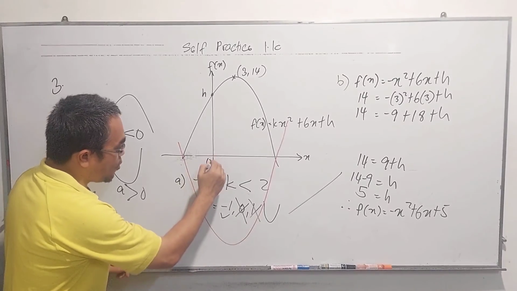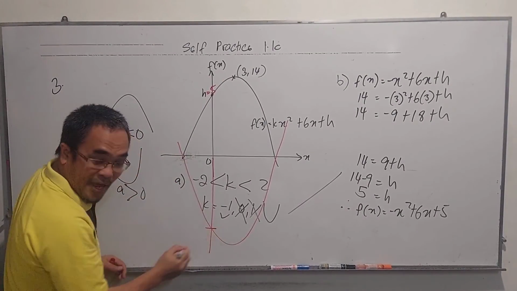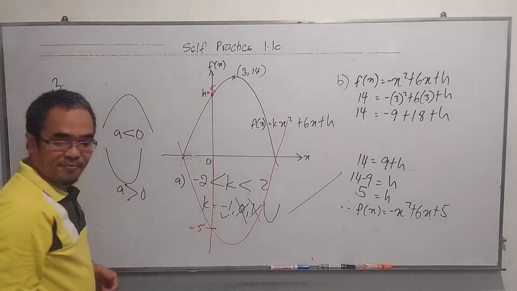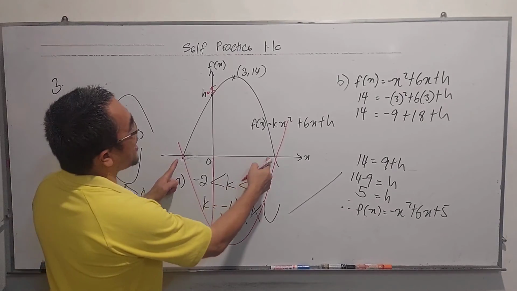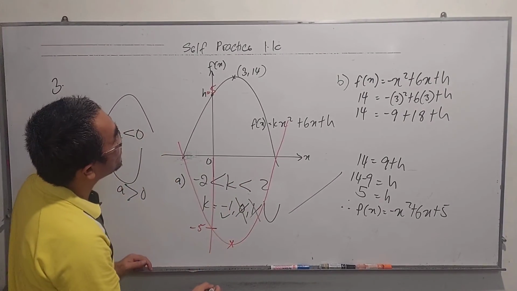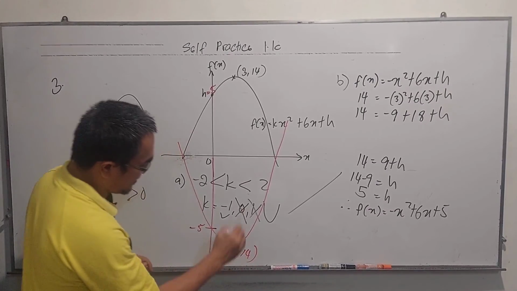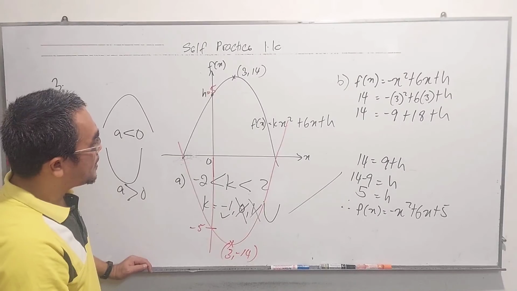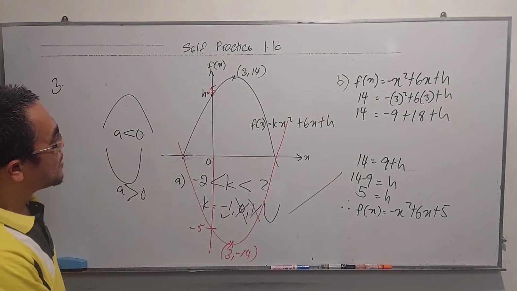Okay, so what will happen is that this h, which is 5, will be -5. But the roots do not change. The maximum will change to (3, -14). So how do we find that?